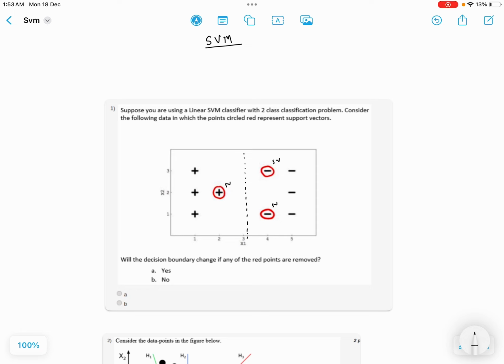Now the question is asking that if you remove this support vector that is near to the separating hyperplane, will this hyperplane or this line have any change, or will it get changed?